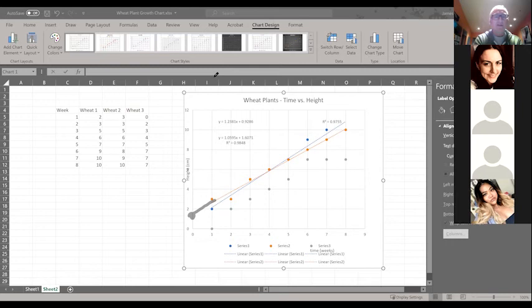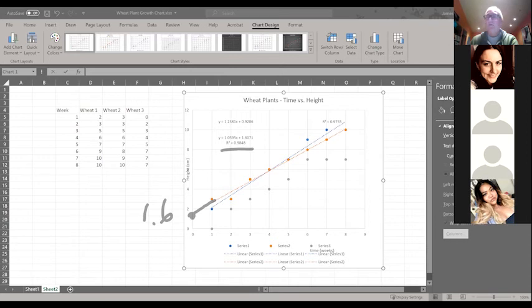So 1.6 for group number 2. But you can also see that the r squared is excellent, 0.98. So that's an even better fit than the first one. That's good news.